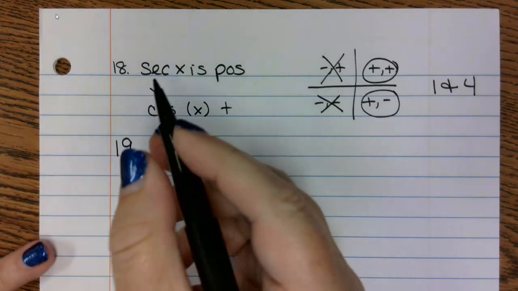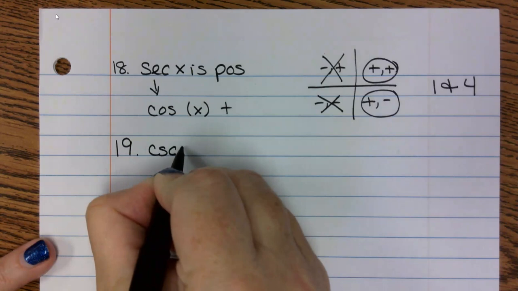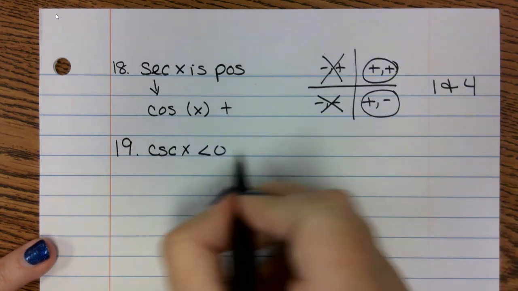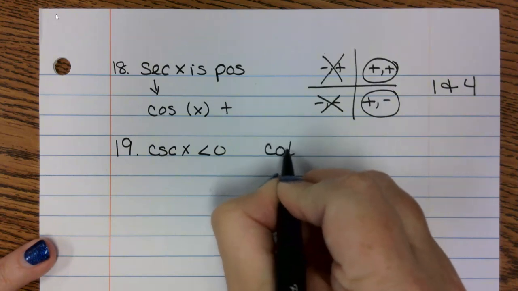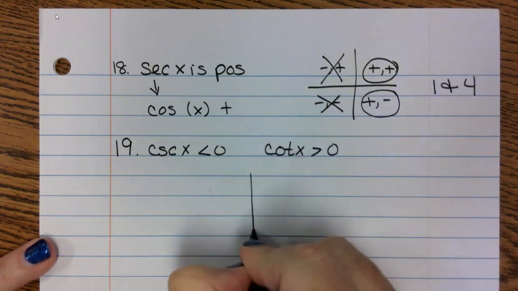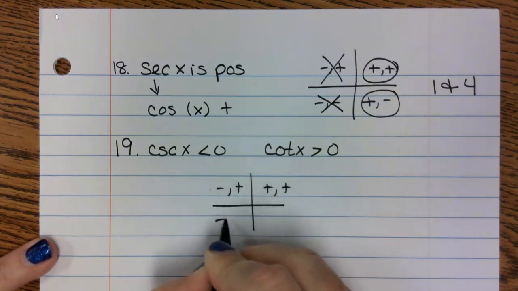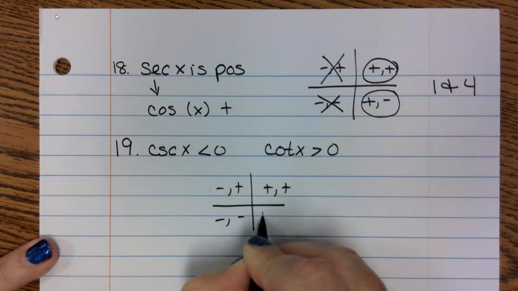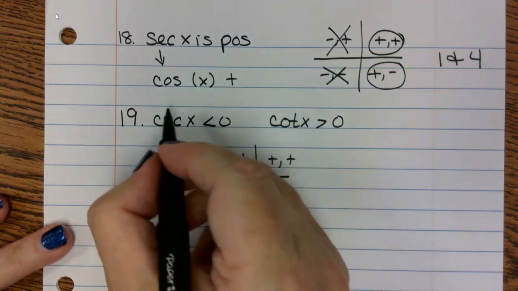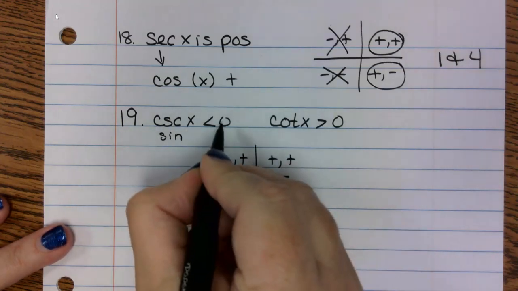Okay, 19, cosecant and cotangent. Okay, cosecant is just 1 over sine, and this means negative.